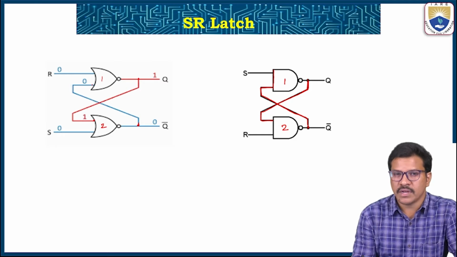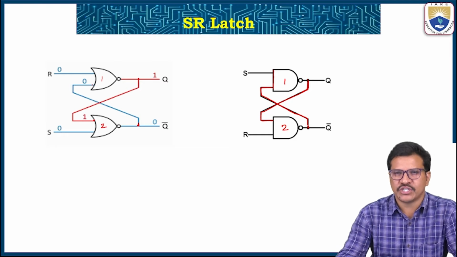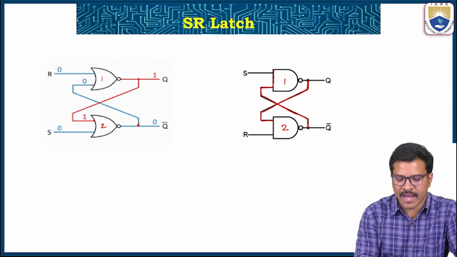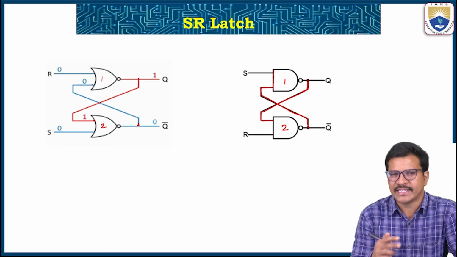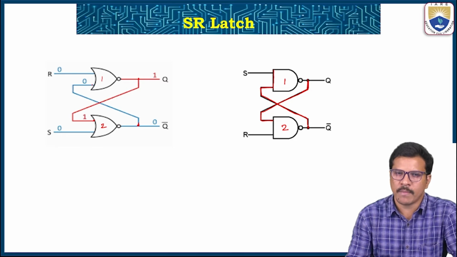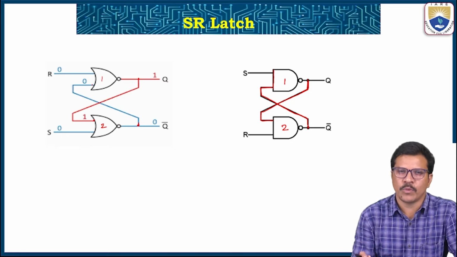If you observe any latch, either NOR latch or NAND latch, it has two primary inputs, set and reset, and it has two primary outputs. But remember that the primary outputs are always complementary to each other.